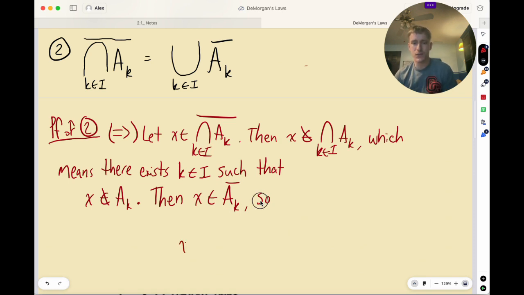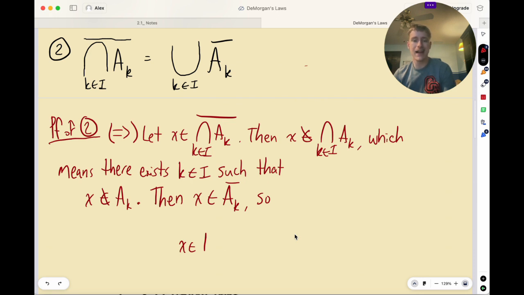Suppose that x was an element of some set we'll call K. Well, if x is an element of that, surely that implies that x is an element of either K or L, because it's at least an element of K, so it satisfies that.